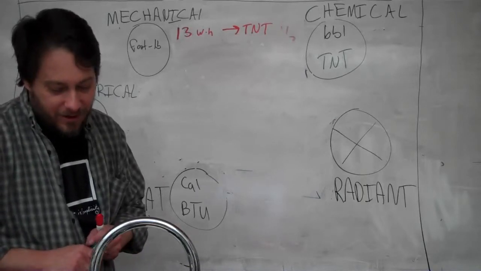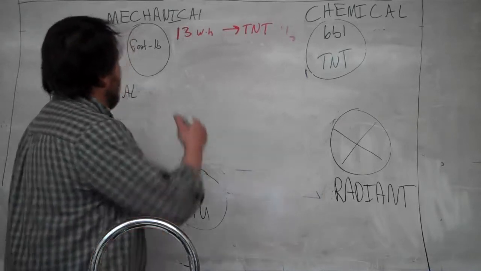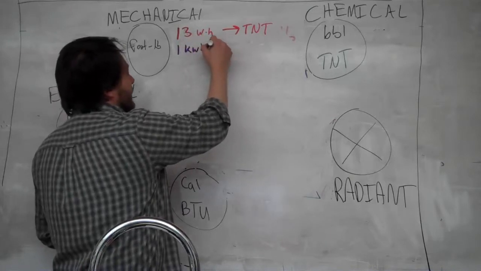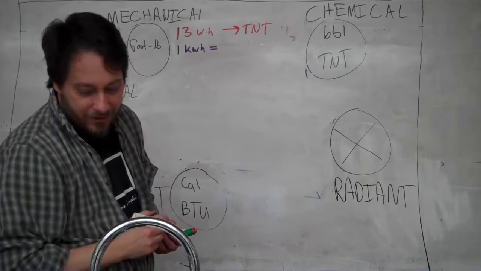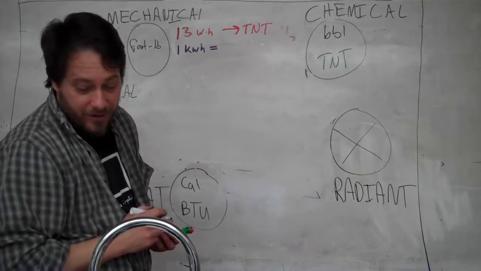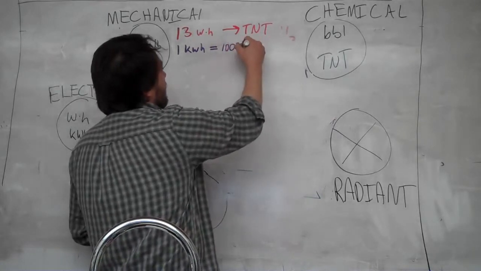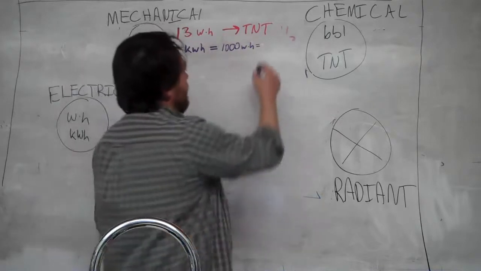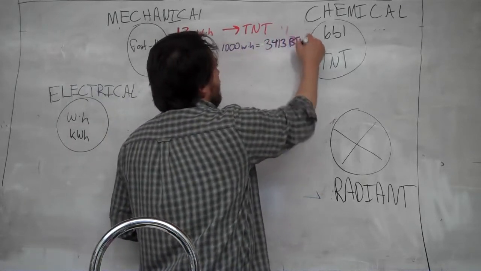It looks to me like the only conversion I have is 1 kilowatt hour, which is 1,000 watt hours, and that's 3,413 BTU.